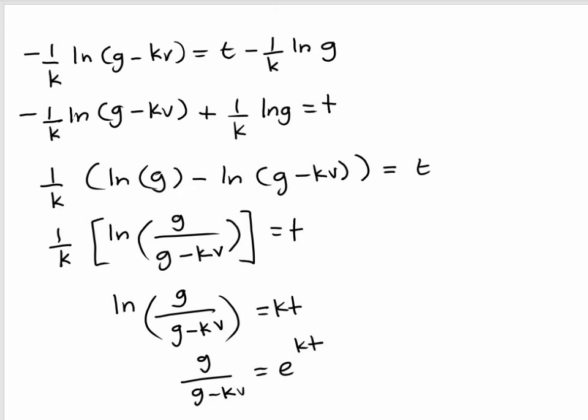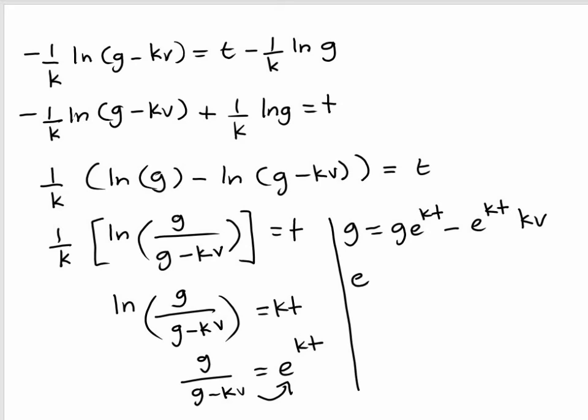To prove this, we have to make v the subject. Now we cross multiply first. So we have g equals g e^kt minus e^kt kv. What I'm doing is cross multiplying here, and then we can bring the terms with v to the other side.